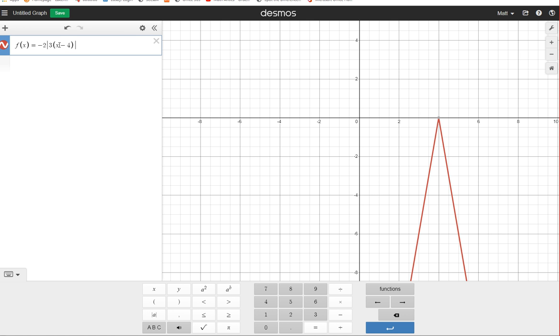That moves it to the right 4 units. And last but not least, I want you to move it up 1. So to do that, we're going to add a +1 right on the end, and it's moved up 1.